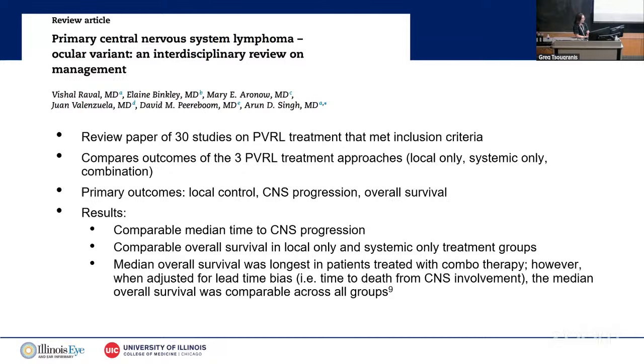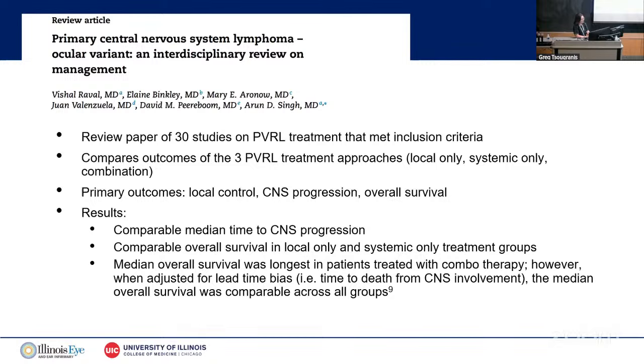However, a review article looked at 30 studies of primary vitreoretinal lymphoma that met inclusion criteria. They compared the outcomes of these three treatment approaches with the primary outcomes of local control, CNS progression, and overall survival. When they compared the median time to CNS progression, all three were pretty comparable.